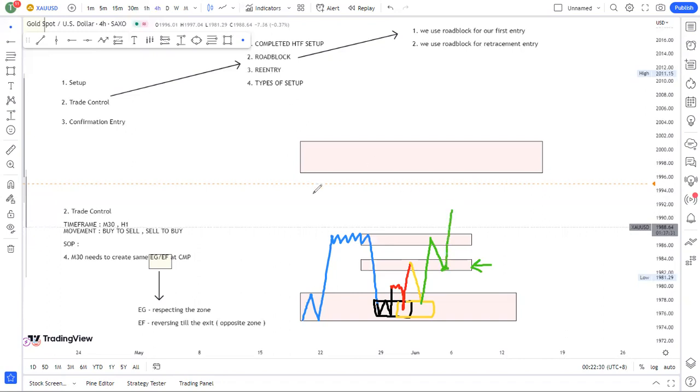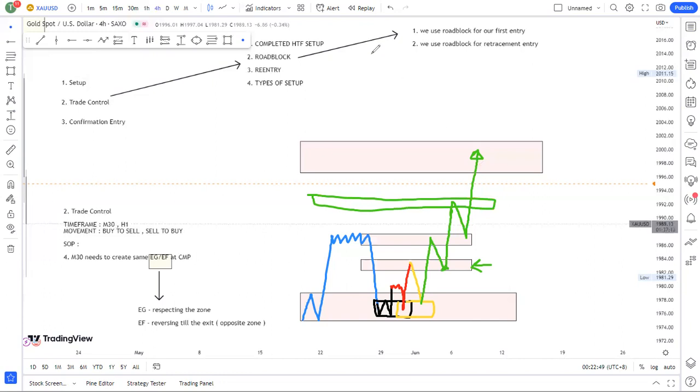For an example, we have another roadblock here, and if there is a confirmation entry here, the price will respect the roadblock, then go to another EF and reach our sell zone, our opposite zone, our exit. Do you understand that?